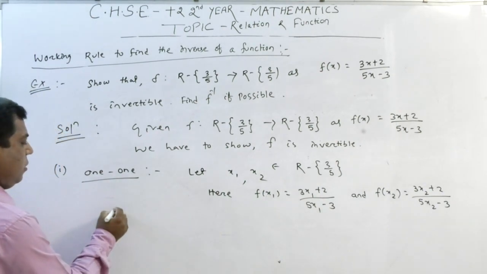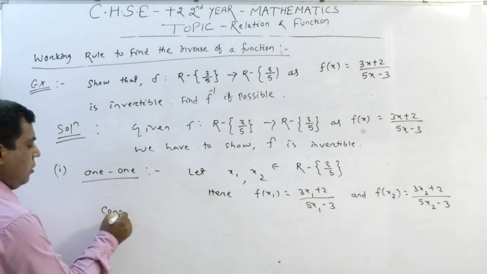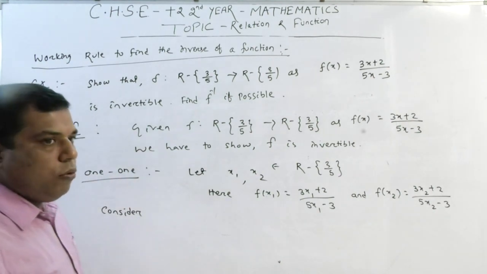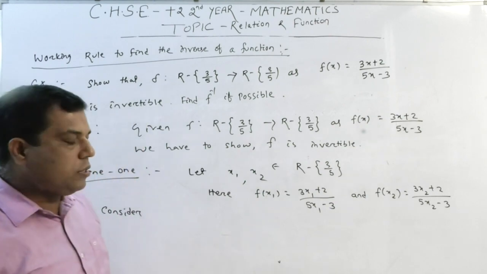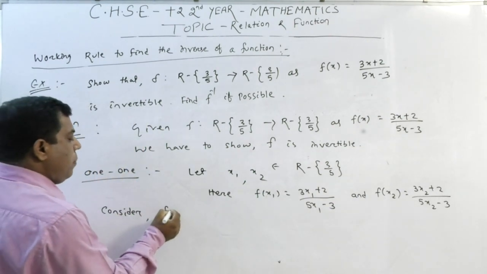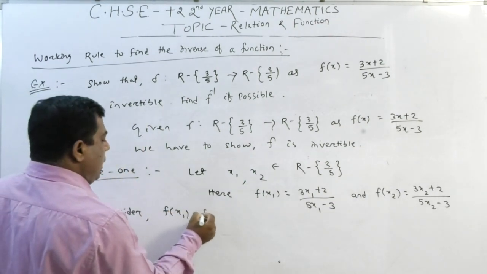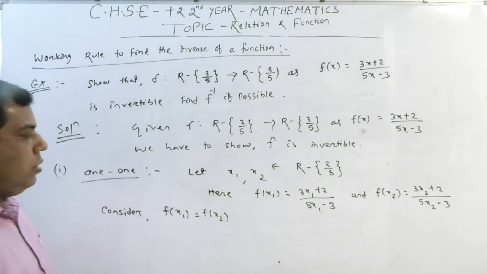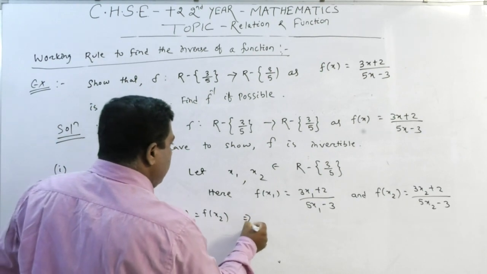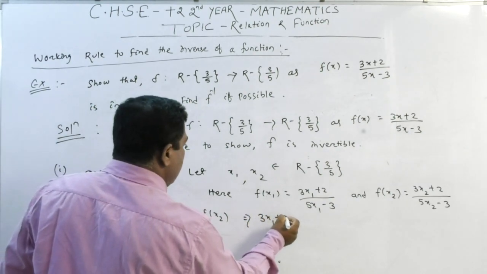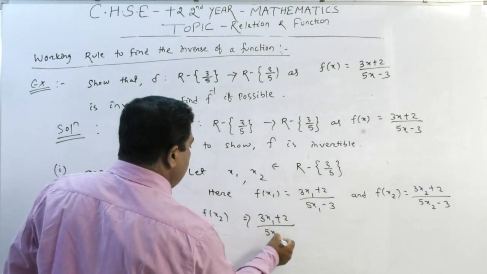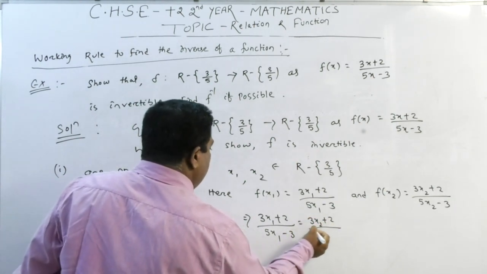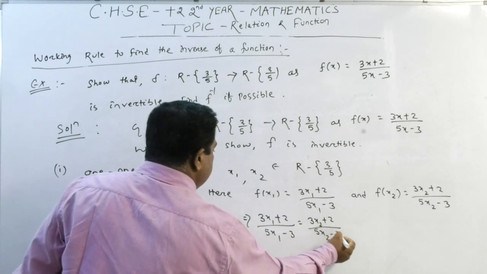Then consider, this is the way to check whether it is one-one or not. We already discussed it in our previous classes. Consider f of x1 equal to f of x2. That means 3x1 plus 2 divided by 5x1 minus 3 is equal to 3x2 plus 2 divided by 5x2 minus 3.